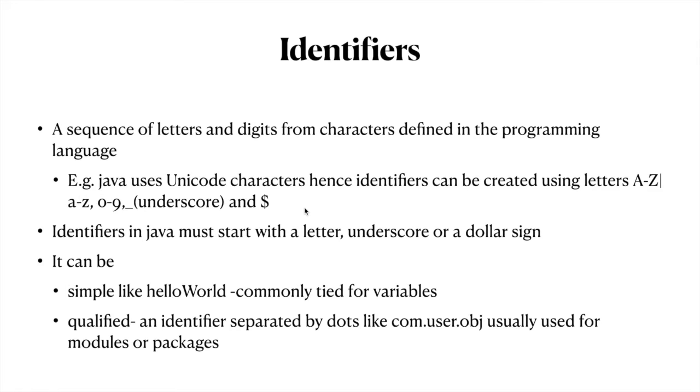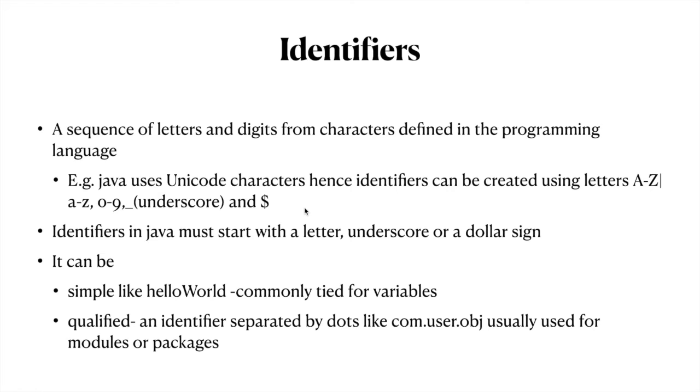We can use identifiers very simply, like for example we can name a variable helloWorld, and this will be tied to the variable that we have created, and we usually need qualified identifiers or names for things like packages in Java.